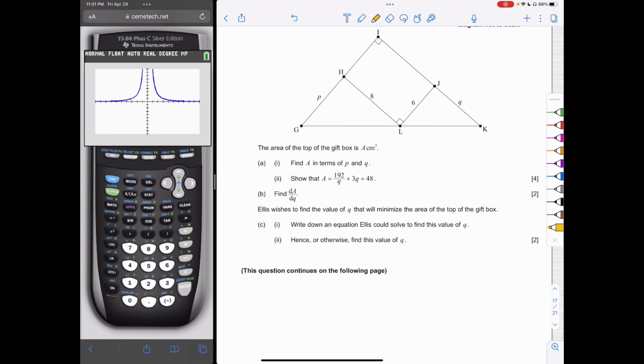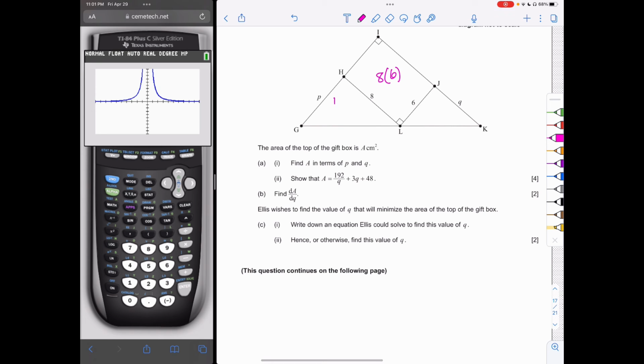The first thing you should understand here is that if I want to find the area of the entire figure, I could break it up into sections. So I have a rectangle and two triangles. The area of the rectangle is just 8 times 6. For the area of the triangles, I just take the perpendicular legs as my base and my height.